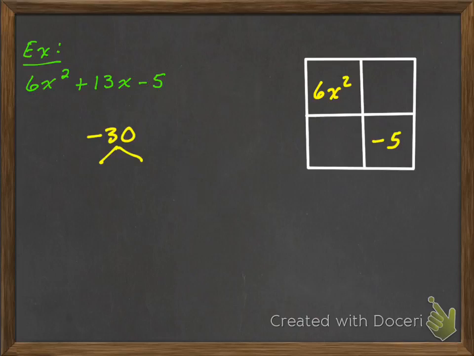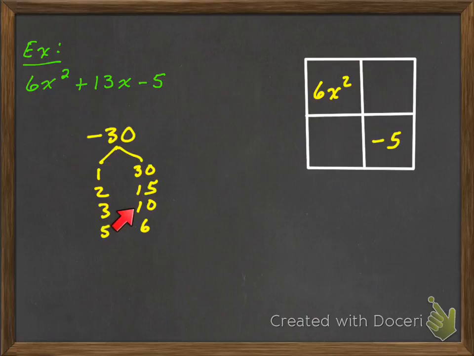So let's just run through the list of numbers that multiply together to give us 30. It's not a long list. So 1 times 30, 2 times 15, 3 times 10, 4 does not go into 30, 5 times 6. There are only 4 sets of numbers that will multiply together to give us 30. The combination that's going to work for this situation and give us a positive 13 is not the 3 and 10, because remember, one of those numbers has to be negative and one of them has to be positive.